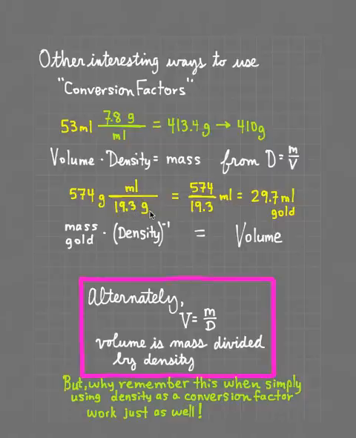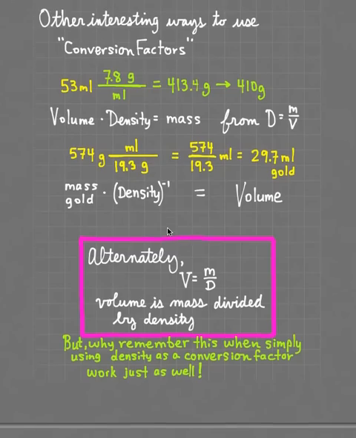Whoa, 19.3, that must be mercury. Oh, it's gold, I see. So gold's very dense. So the grams cancel, converting to milliliters. I could say this. Oh, to the -1 means, what does that mean? Oh yeah, that's a reciprocal, or put it on the bottom. So mass divided by density is volume. You got to become comfortable with that, especially in Gen Chem 2, but good to start thinking about it right now as well.